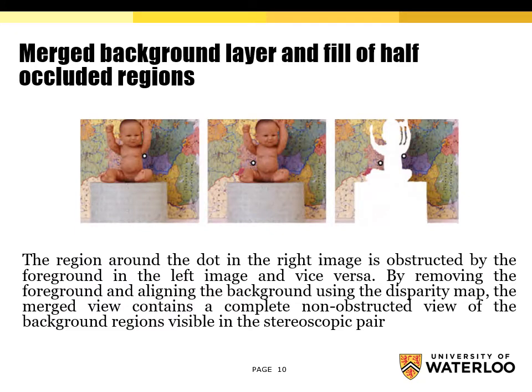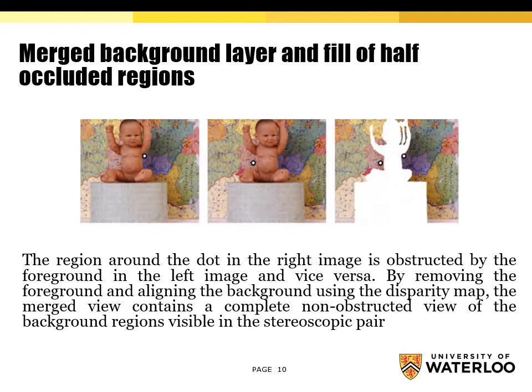Now if you have a look at these photos, the circular regions in the first two images depict regions that are present only in the left image but are covered in the right image, or vice versa. But when we merge both of these layers together, both of these circular regions are present in the merged layer.